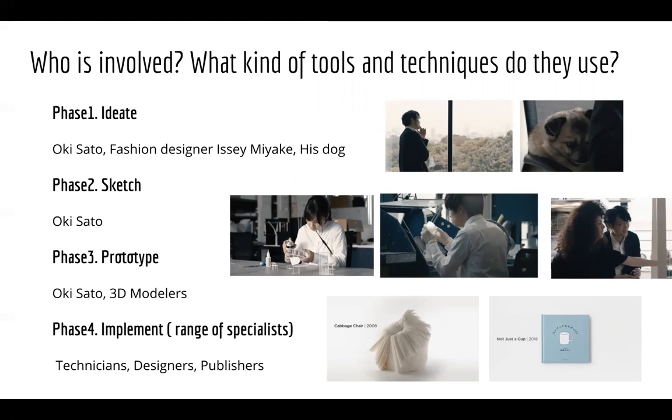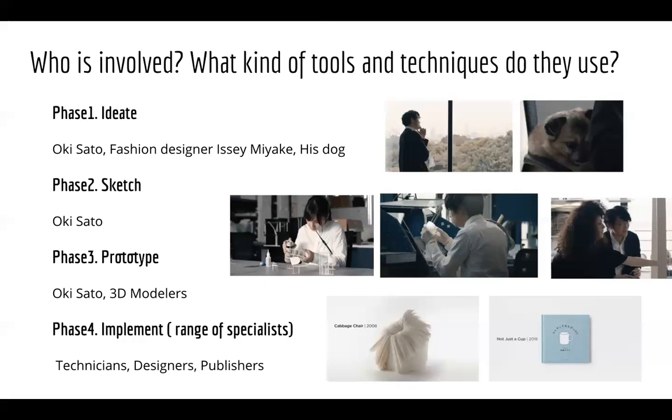Prototypes are created both with paper, wood, and clay, as well as on 3D printers, and 3D modelers are involved. And during his implementation phase, there is a wide range of specialists and techniques involved, starting from Oki Sato himself, as his cabbage chair was produced, for example, and going on to manufacturers and publishing houses.